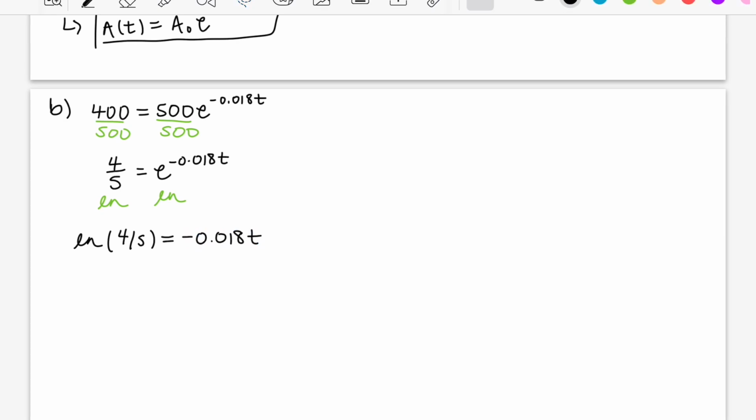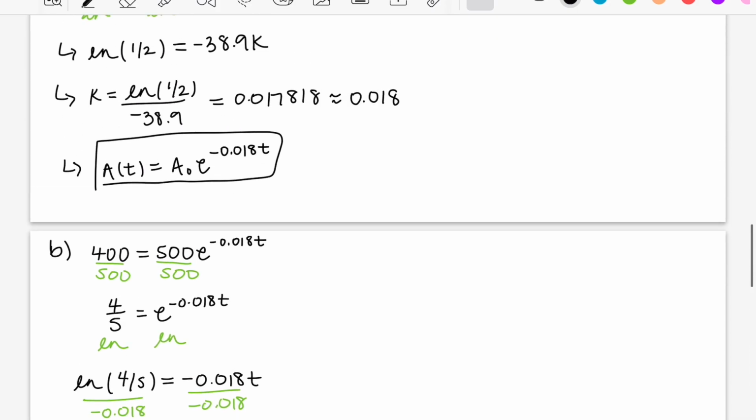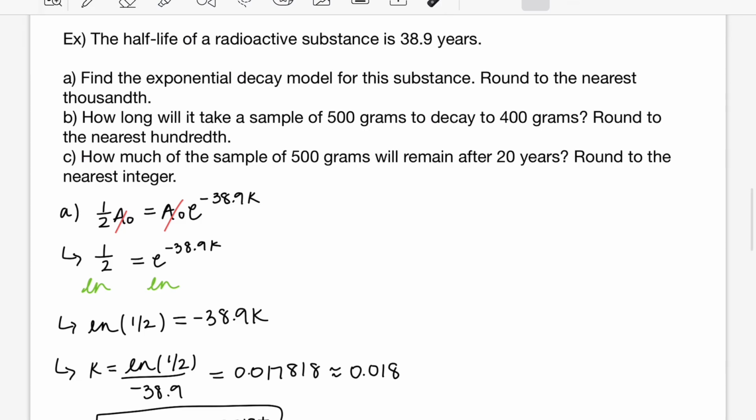So we'll divide by negative 0.018 to solve for t. So we get that t is going to be approximately equal to 12.4 years. And this is because we are rounding to our nearest hundredth.